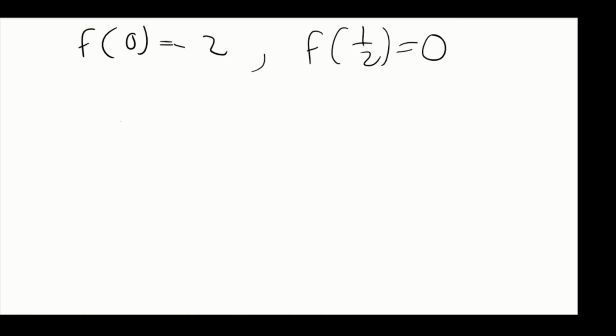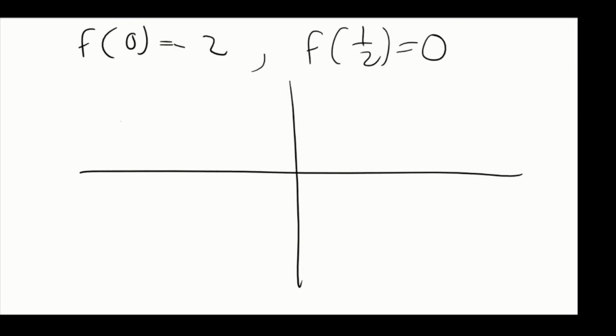So to draw our function, we're going to indicate the intercepts. Start with this one, which is 1 over 2 and 0, and then this one here, which is 0 and minus 2. So these are the intercepts, and we know the turning point.